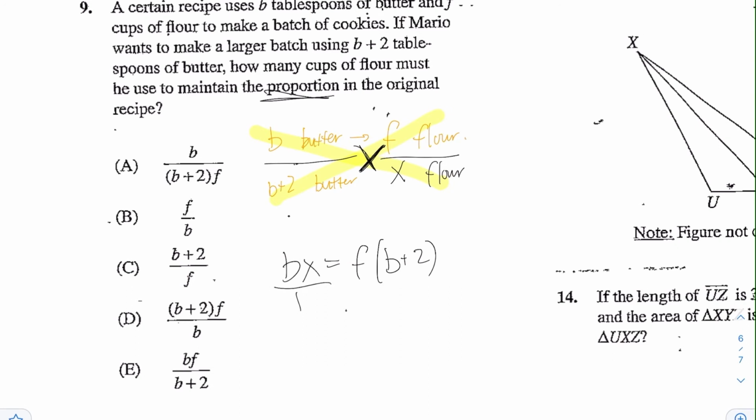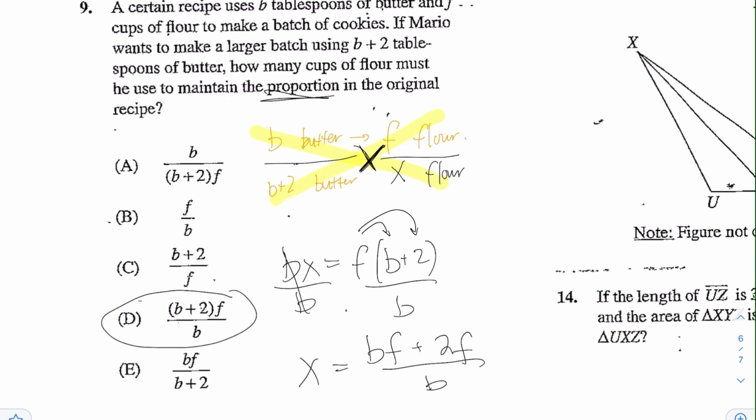Now X is your variable of interest, so you're going to have to divide by B. So then X is equal to, here you could distribute the F, BF plus 2F divided by B. And here actually you don't need to distribute. You do see choice D, which is the undistributed version of the answer. So the answer would be choice D. Again, the key here is proportion, so just set up a proportion and cross multiply.